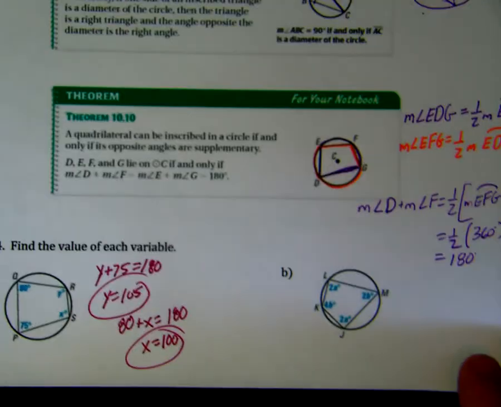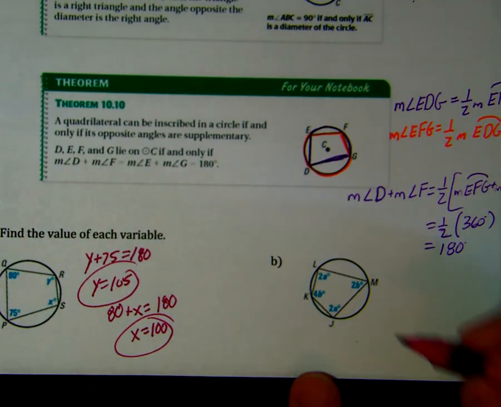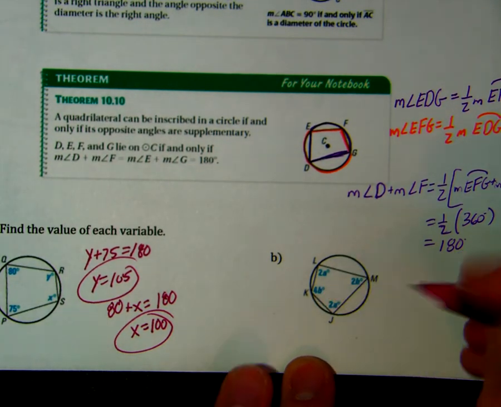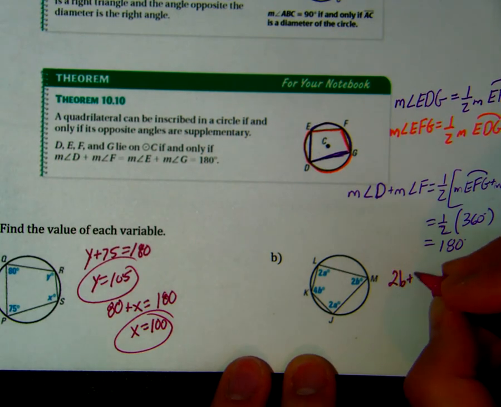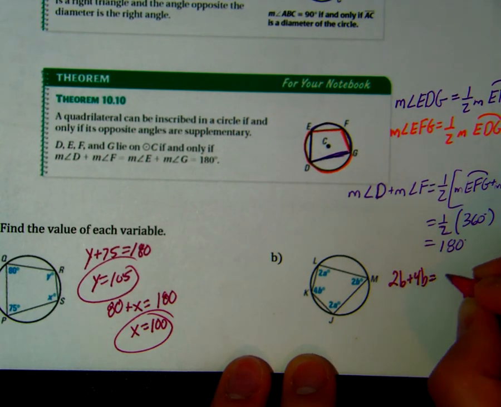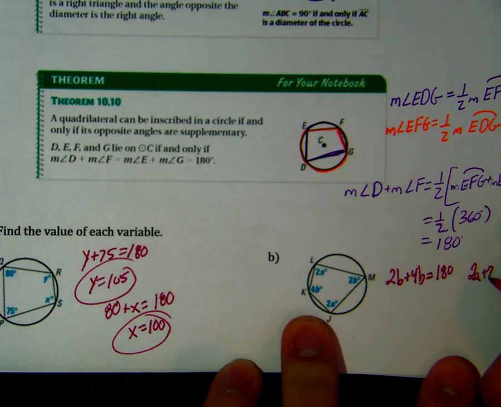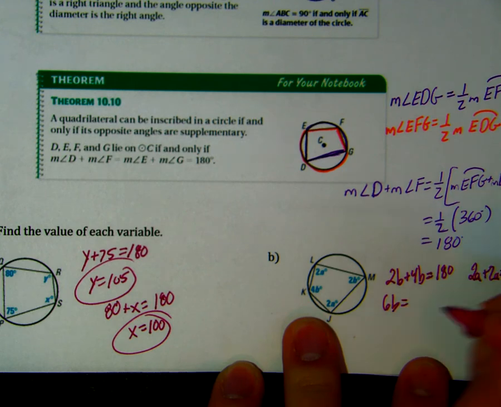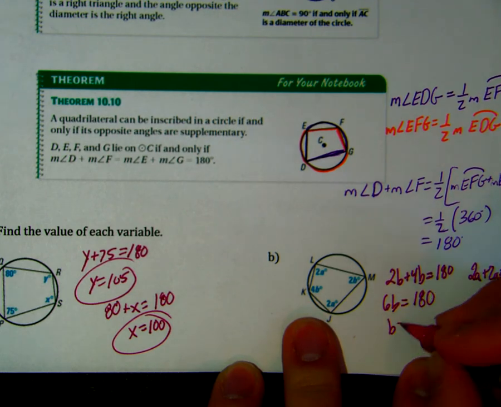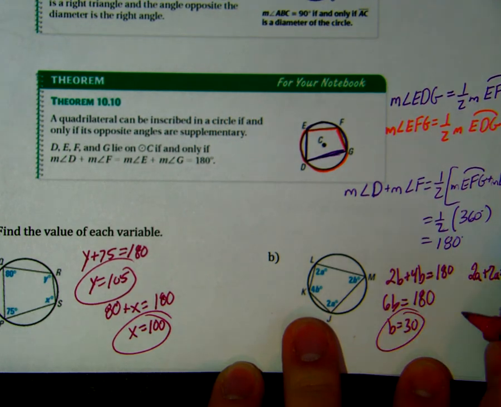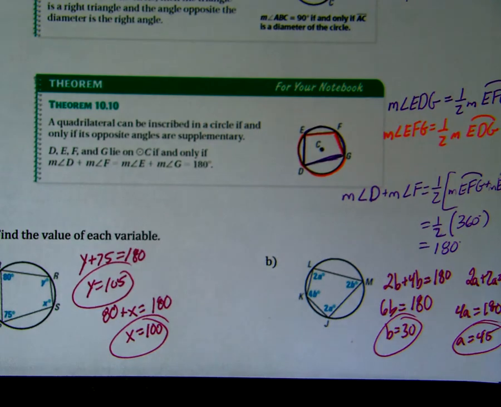With part B, the opposite angles here are 4b and 2b. So 2b plus 4b is supplementary, and then 2a and 2a are supplementary. So this is 6b equals 180, so b equals 30. This is 4a equals 180, so a equals 45.